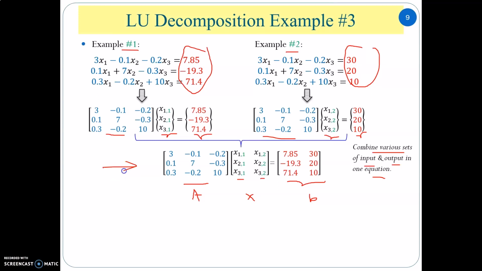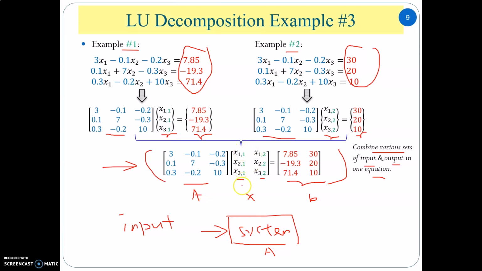You must know how to read these. So let's say you have a system, and your system is given by matrix A. Let's say you have the input, and you have multiple inputs, like in this case, you have 2 inputs.